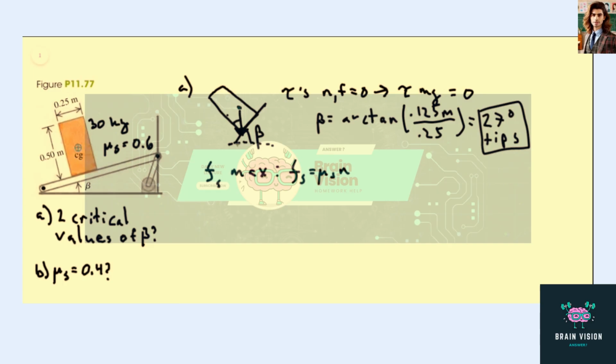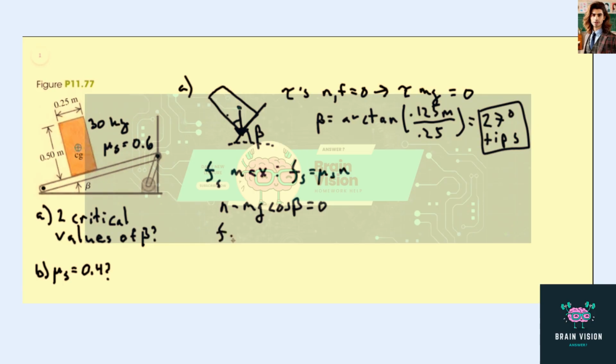And so we now use our equilibrium conditions involving the forces in the x and y directions. So in the y direction, we're going to have that the normal force minus mg cosine beta is equal to 0.